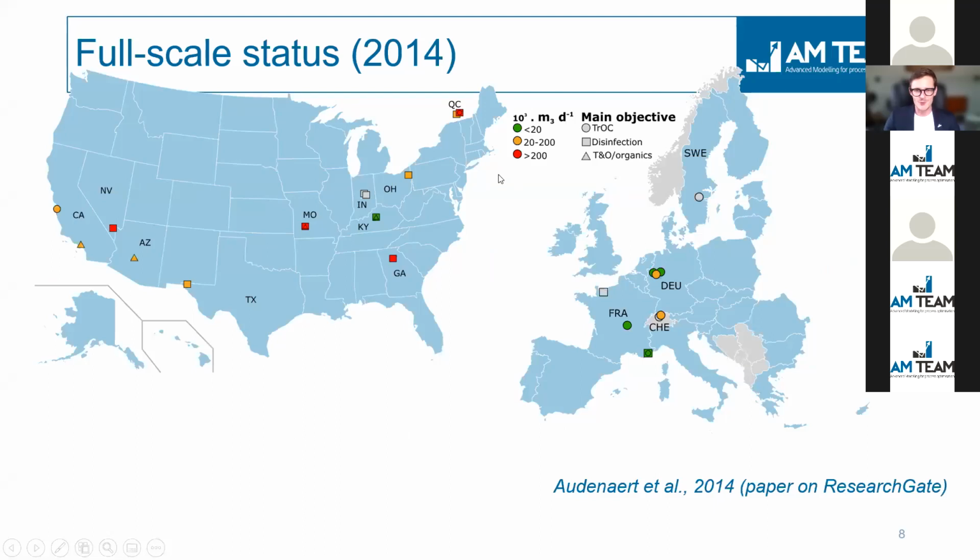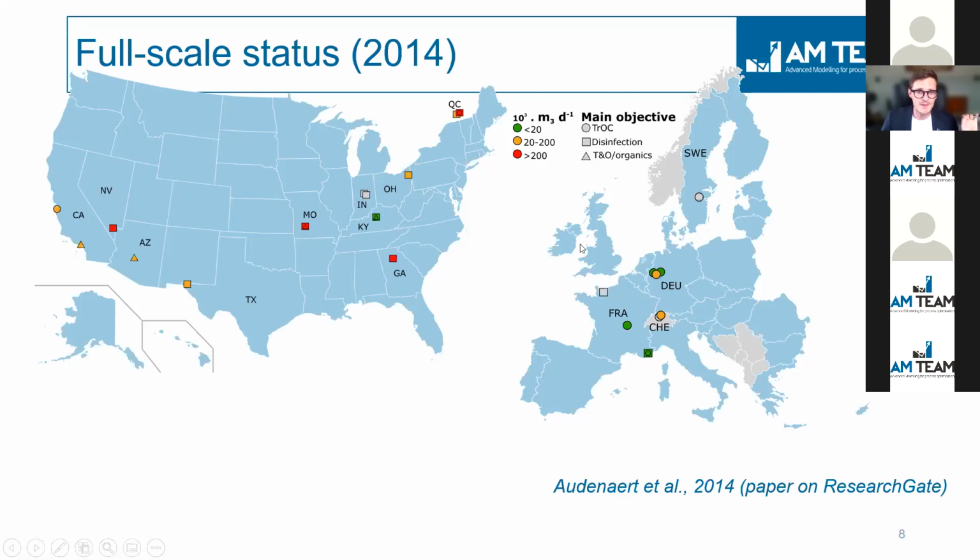Okay, let's go into the content and start with effluent ozonation. So this is a map you see here. It's not a world map, it's Europe and the US. And this is the full-scale status in 2014, because we published a paper back then with the whole status and also the regulatory updates. So you can ask us for the paper after the webinar, just send us an email and we will send it to you. You can see back then, European plants were emerging, especially in Switzerland, of course, and in the US as well.